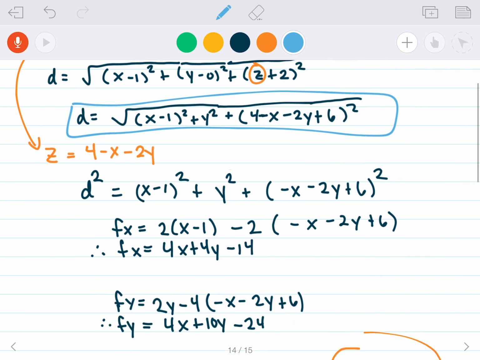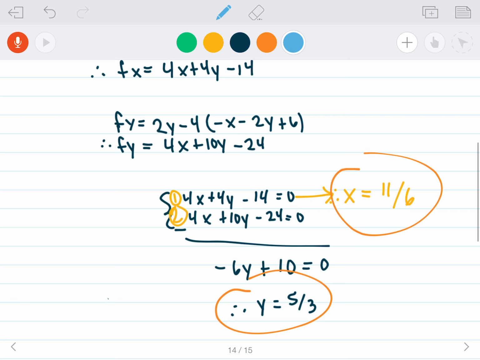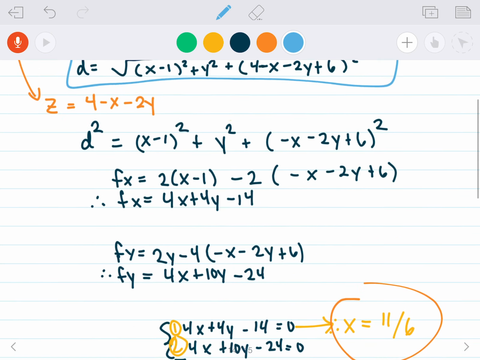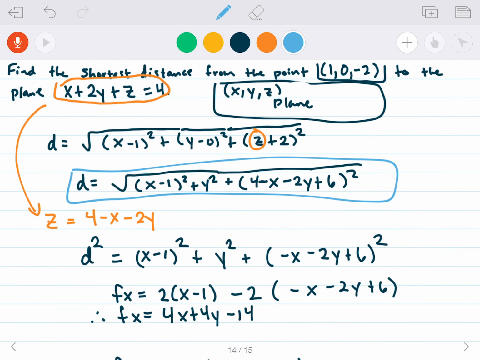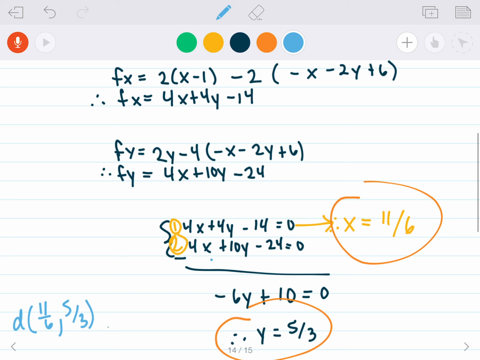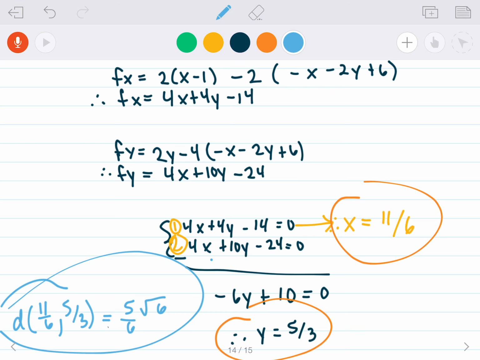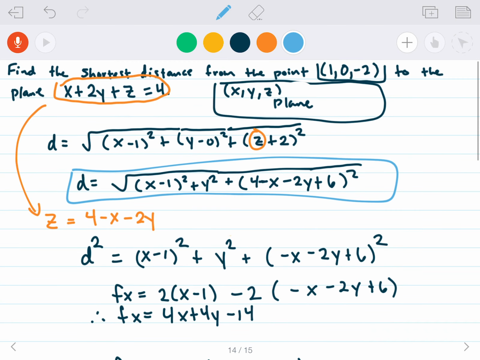When you plug 11/6 and 5/3 into just the regular distance formula, what you should get at the end of the day is (5/6) square root of 6. So this is going to be the shortest distance between the point that was given, (1, 0, -2), and the plane x + 2y + z = 4.